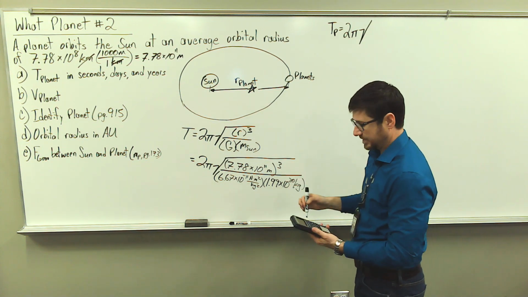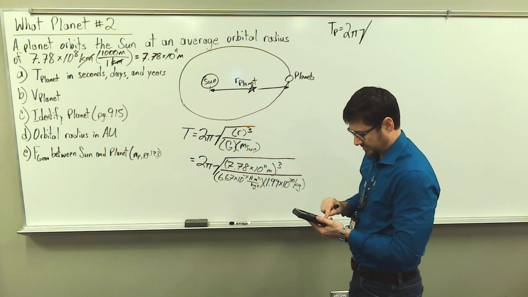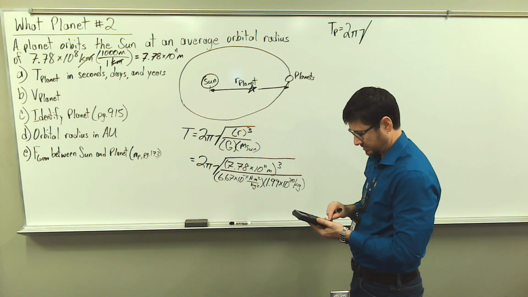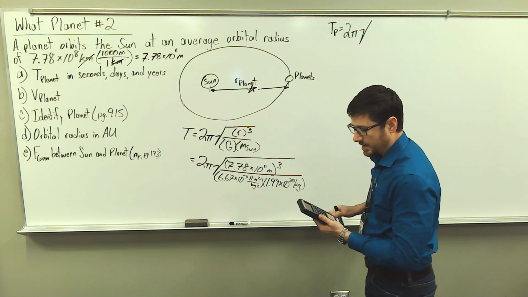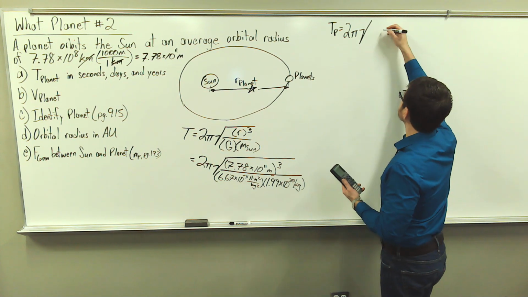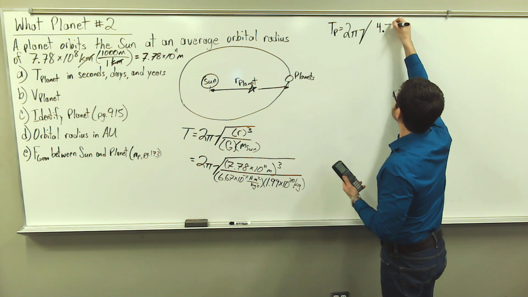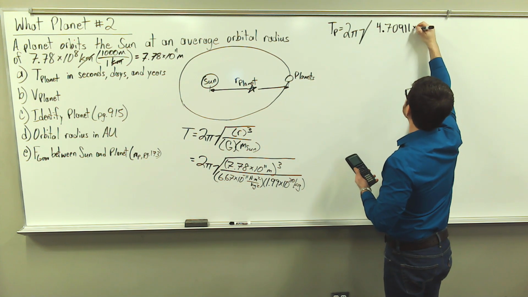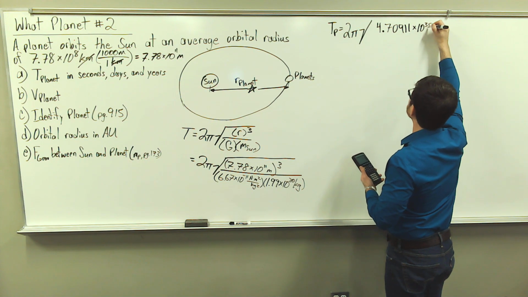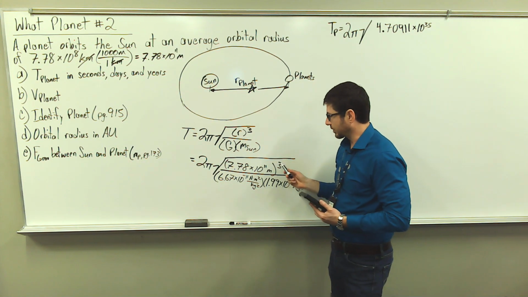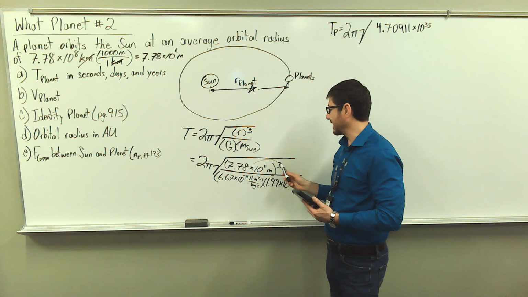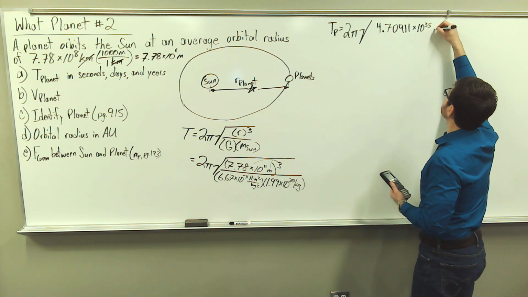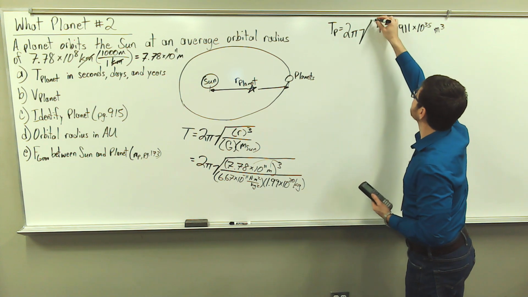In my numerator here, I'm going to get 4.709 times 10 to the 35th. And remember, we are cubing our numerical value and our unit value. So we're going to have units of meters cubed.